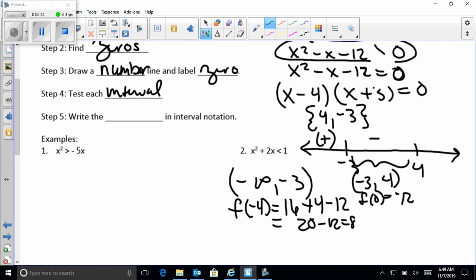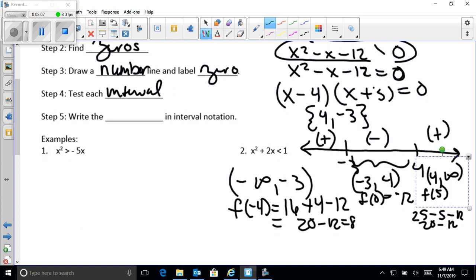So that's going to be a negative interval there, or negative values. And then I test in this upper 4 to infinity. I'm just going to pick 5. So that's with 5, and that's going to be 25 minus 5 minus 12, which is 20 minus 12, which is also going to be positive.